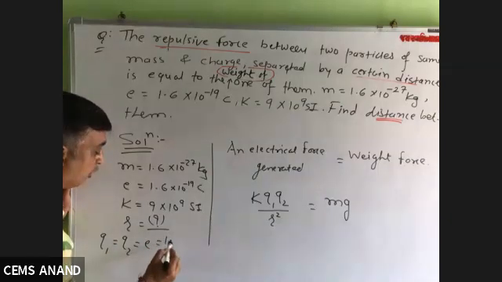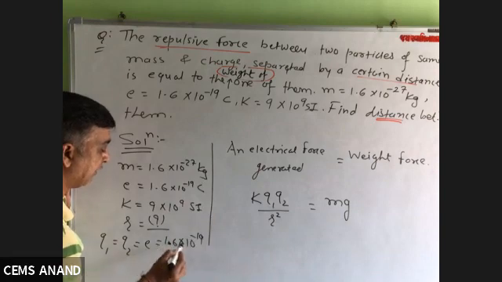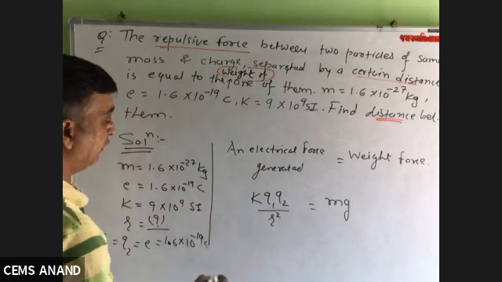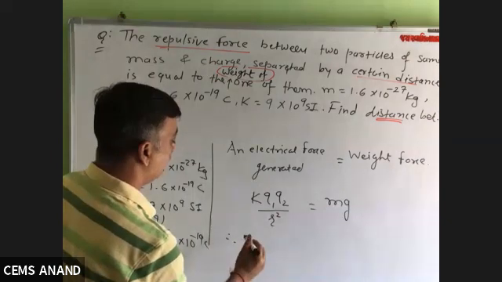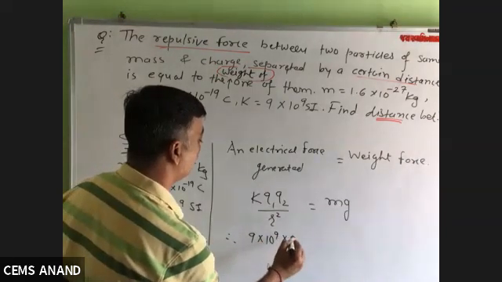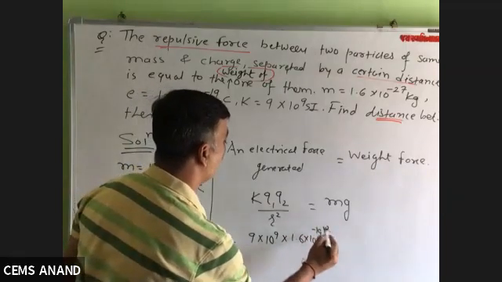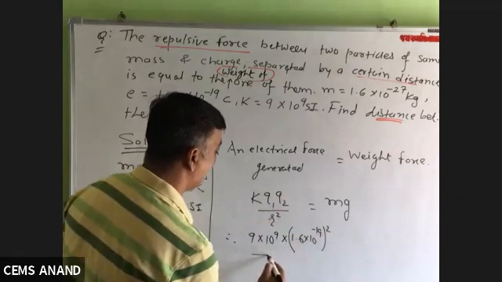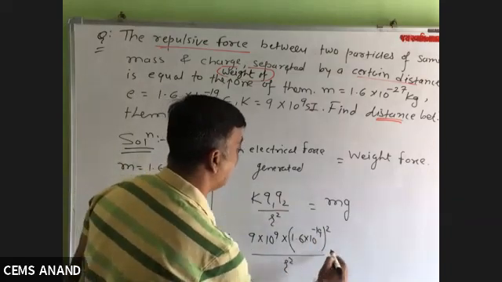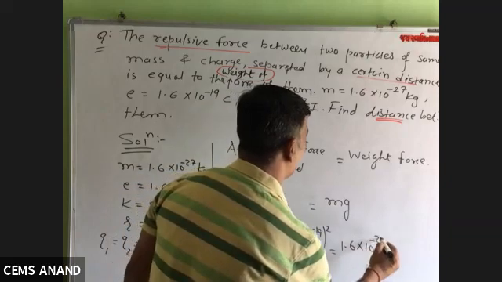So the value of both of them is 1.6 into 10 raised to minus 19 coulomb. So 9 into 10 raised to 9 into 1.6 into 10 raised to minus 19 whole square, divided by r square, is equal to 1.6 into 10 raised to minus 27.